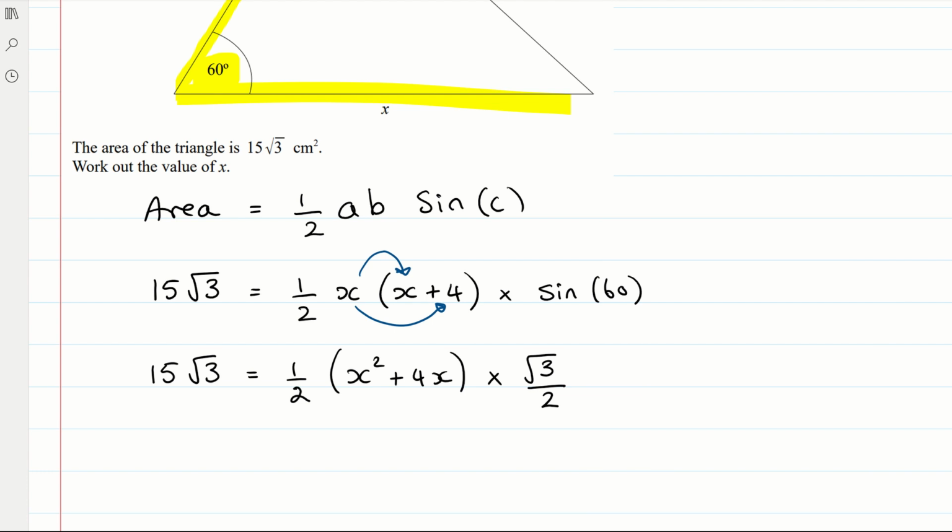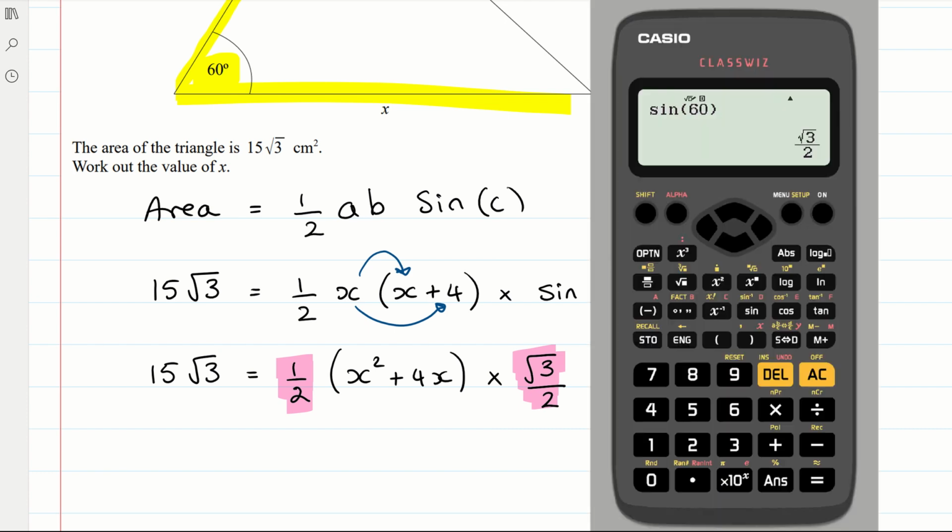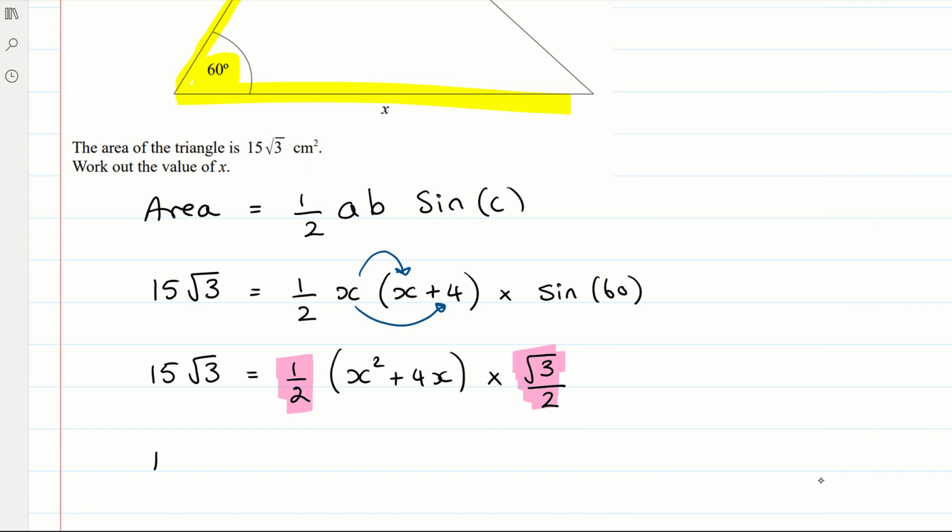And I'm going to do the multiplication, so I'm going to multiply this by that. Remember, in a multiplication, the order doesn't matter, so 2 times 3 times 4 is the same as 4 times 2 times 3, or any other combination. So, times a half, times 0.5. So that's root 3 over 4. So I've got 15 root 3 equals root 3 over 4 times x squared plus 4x.